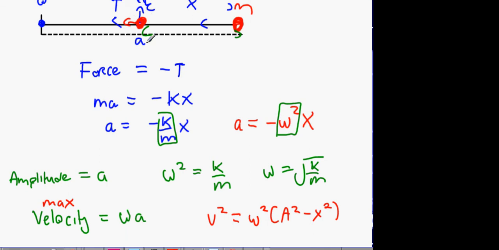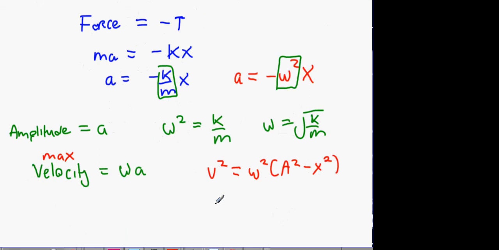And this means that v squared equals omega squared a squared, square root both sides, equals omega a. You either need to memorize the formula or you need to know how to get there. So the velocity at the point a, or the maximum velocity, is going to be root k over m times a. So a times root k over m is the maximum velocity.